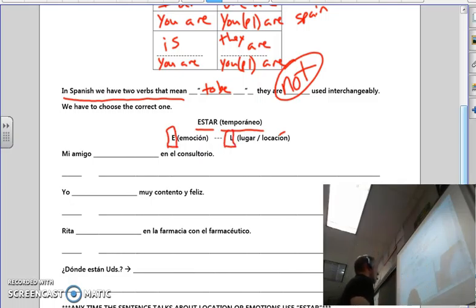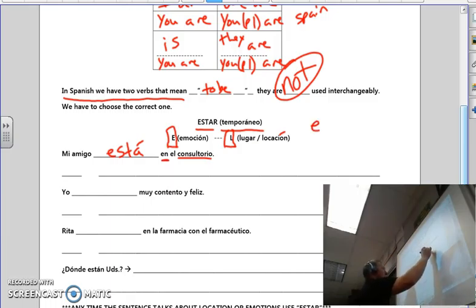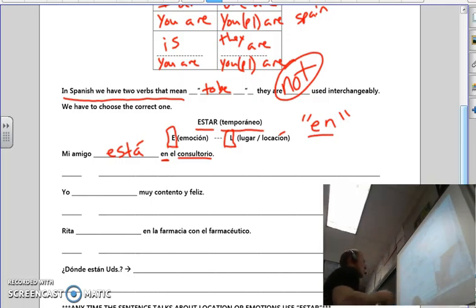So here we go. Mi amigo está en el consultorio. That's the word for doctor's office that we'll learn in chapter 8 if we haven't already. And this is location. We have this key word. By the way, this is the key word here, en. If you see in, at, or on, talking about location, you're probably going to use estar.